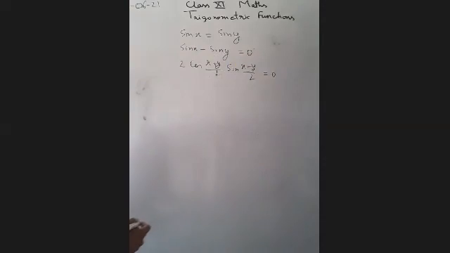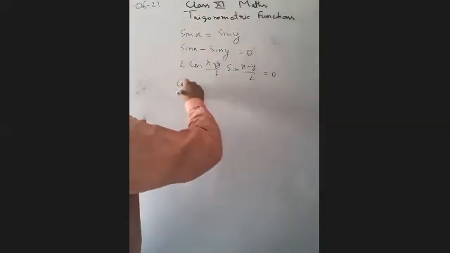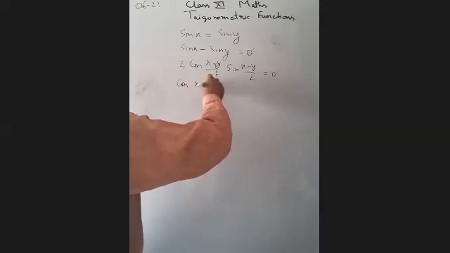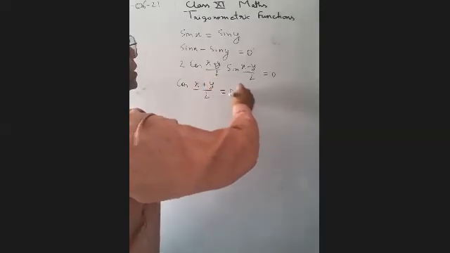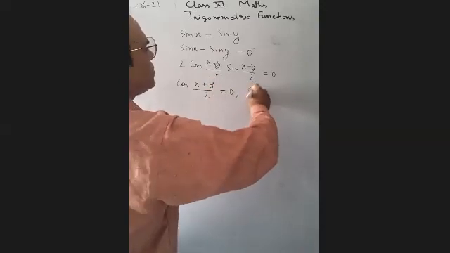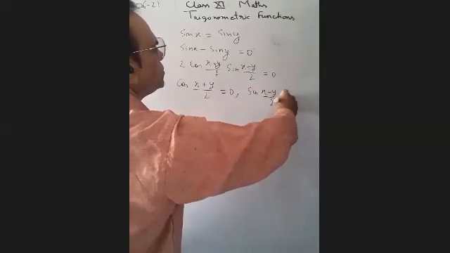The product of two algebraic expressions is equal to 0, so both should be separately 0. It means cos((x plus y) upon 2) should be 0, and sin((x minus y) upon 2) should be 0.